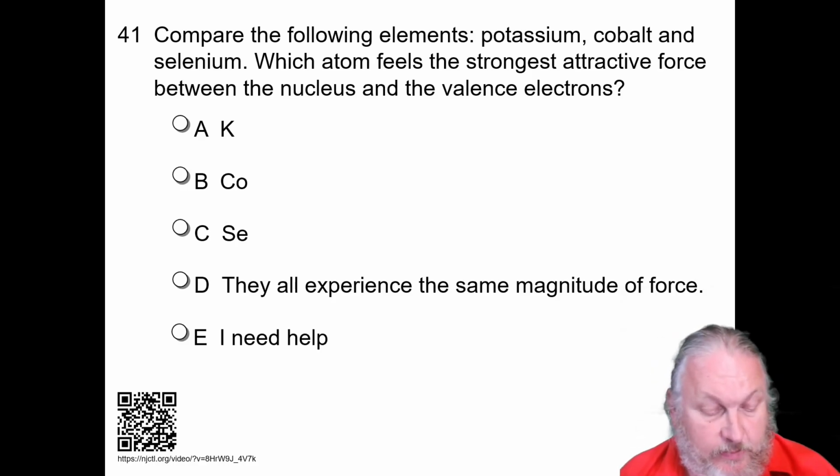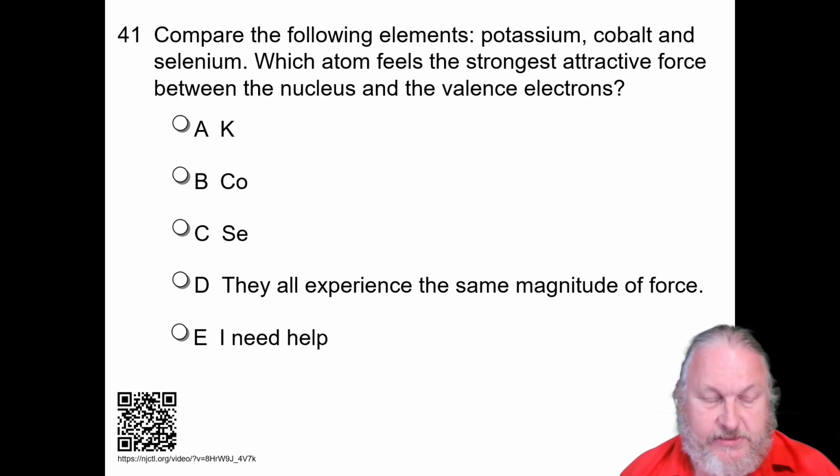Potassium has 1 valence electron. It's got an 18 for shielding. So that's going to be 19 for the Z number minus the S of 18. That's going to be plus 1.